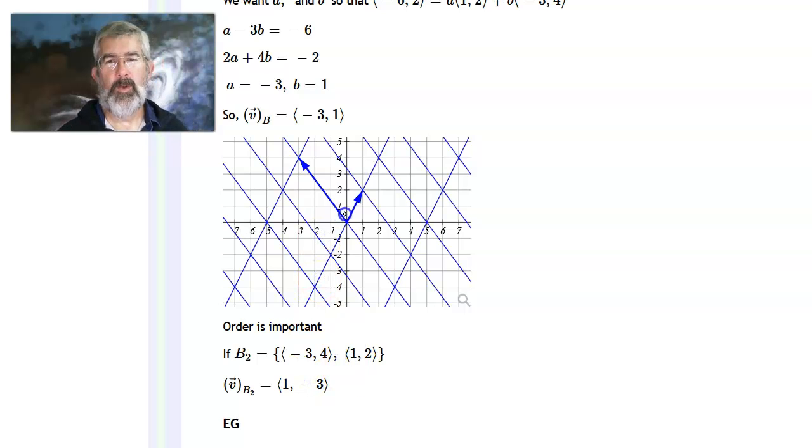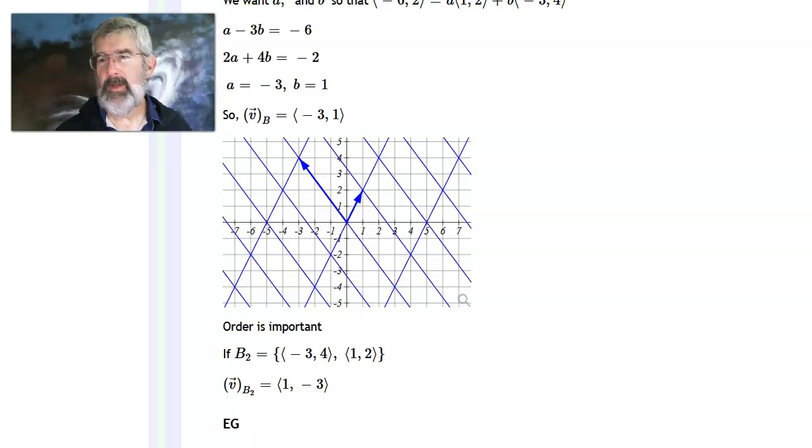So this would say go 1 in the direction of your first and negative 3 in the second. Okay. So again, although the set notation really doesn't imply an order, with respect to this process, we need to impose an order, right? And so the way they're listed is generally the order that we take.